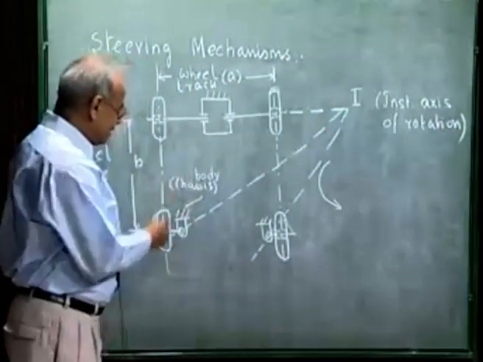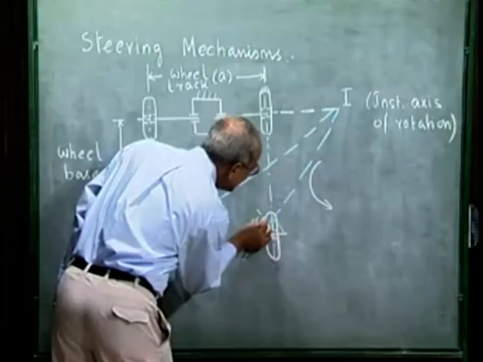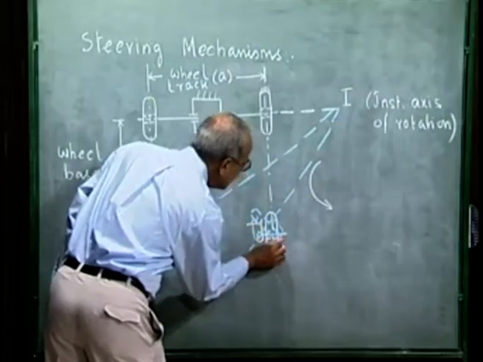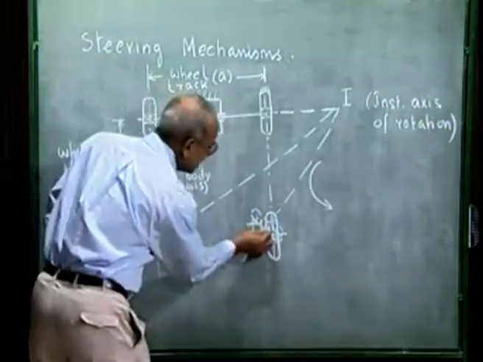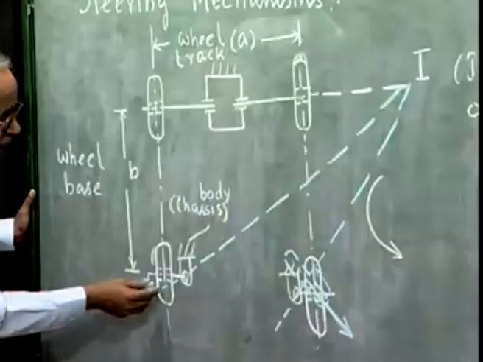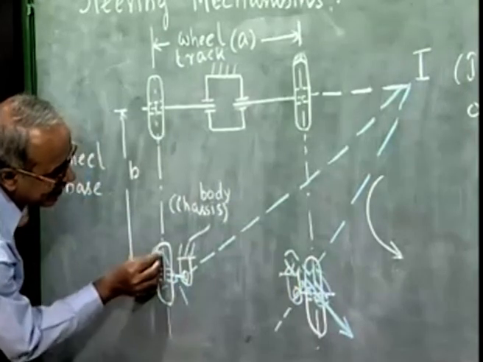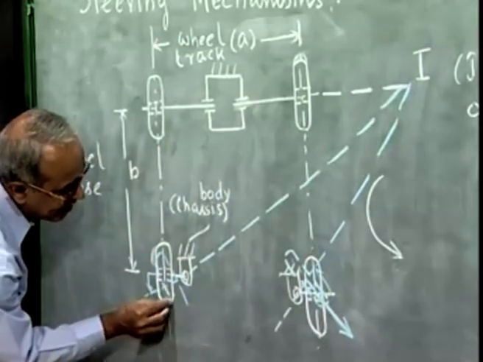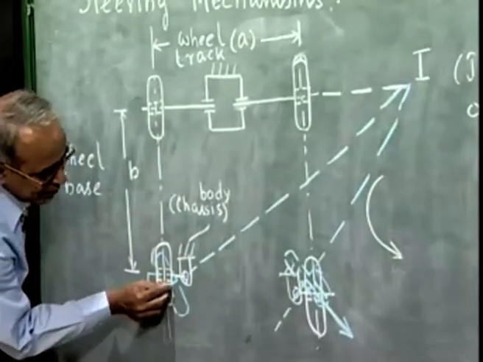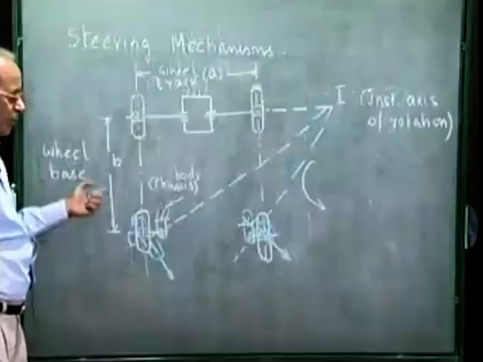As we see, in this situation, the wheels, which is now rotated like this, the velocity of the center of the wheel is in this direction, that is contained in the plane of the wheel, and this wheel which is rotated like this, the velocity of the center of the wheel is perpendicular to this line and again contained in the plane of the wheel, which is the requirement for perfect steering.